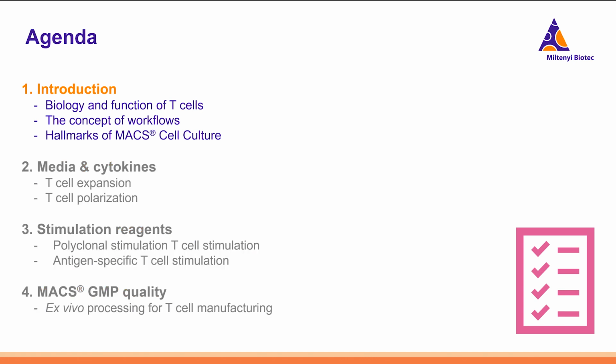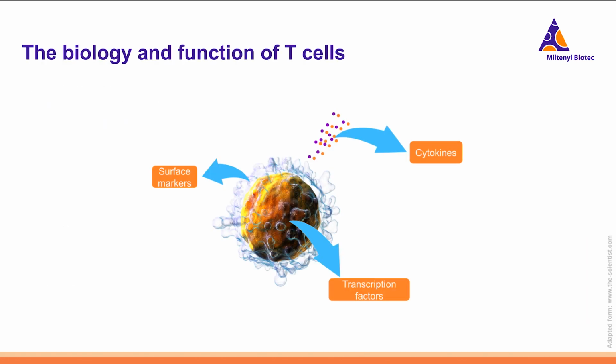Let's start out with a brief introduction about the biology and function of T-cells. A quick look at T-cell biology covers the basic aspects. When talking about T-cell phenotypes and function, mostly surface markers, cytokines, and transcription factors come into play as defining molecules.